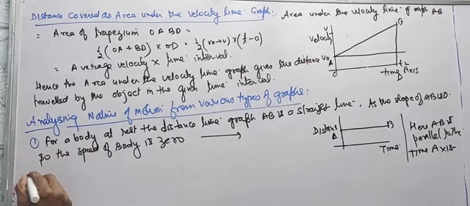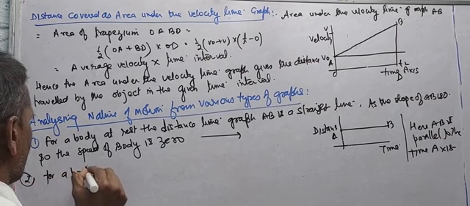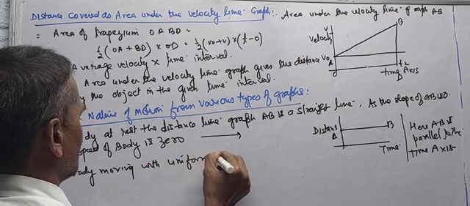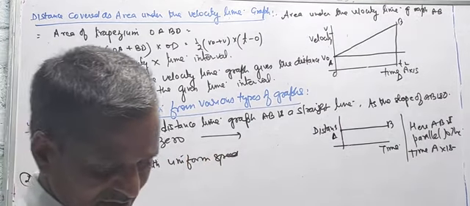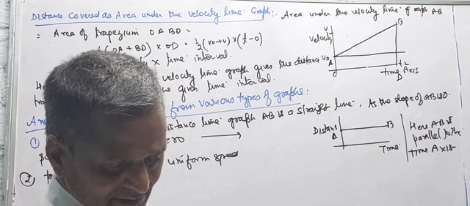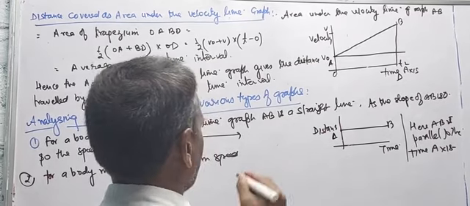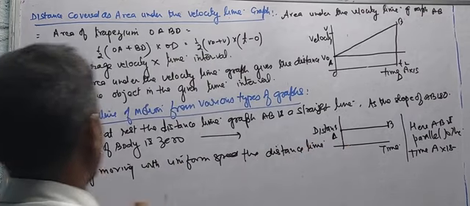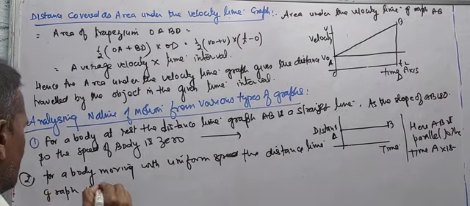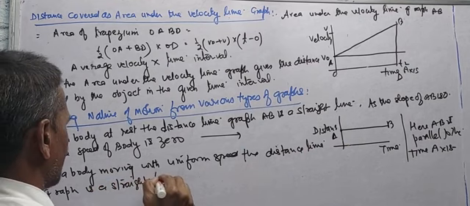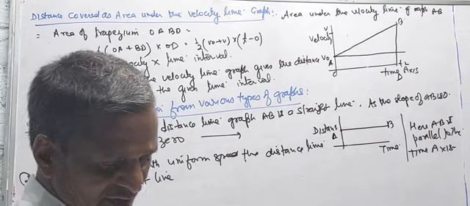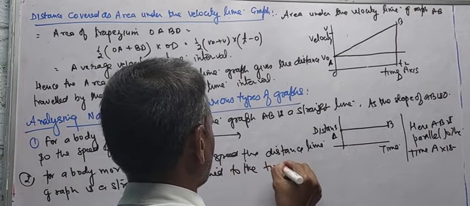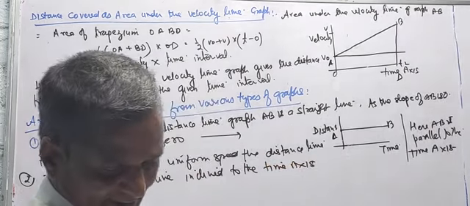For a body moving with uniform speed, the distance time graph is a straight line inclined to the time axis.